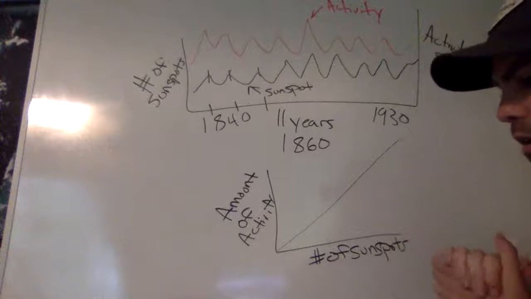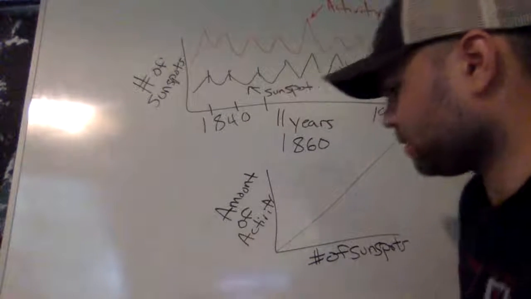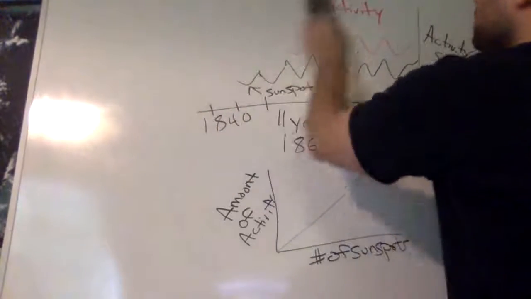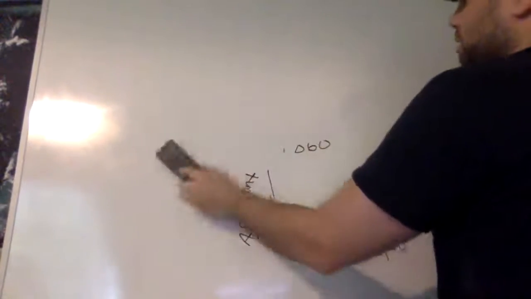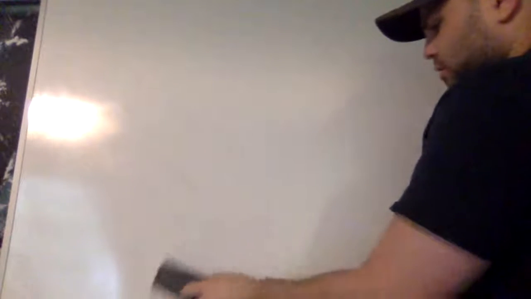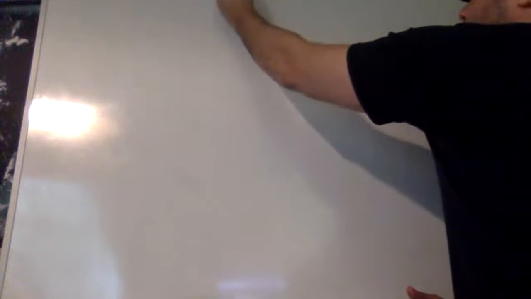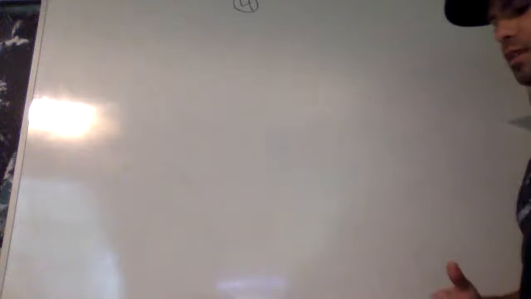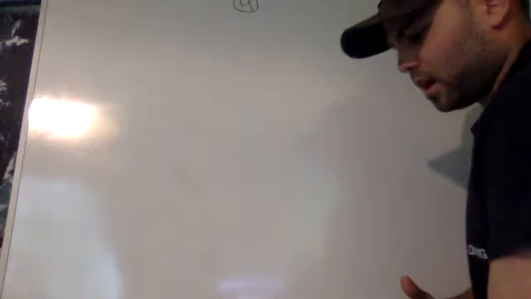Now for number 4, and I'll erase all of this, because now these questions are going to be using basically the notes from the PowerPoint and also our Earth Science reference table. So for number 4, it's asking us which of the forces listed below is most responsible for the formation of the sun.